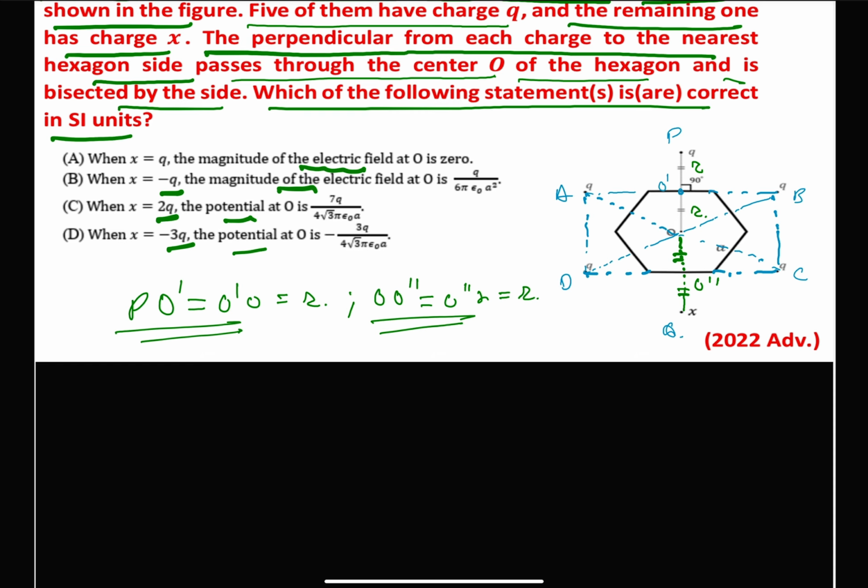First of all, we already know the formula for the electric field as well as the electric potential.